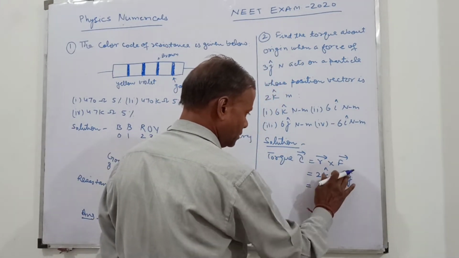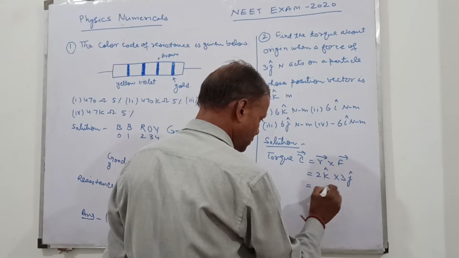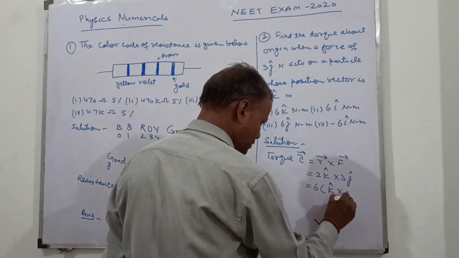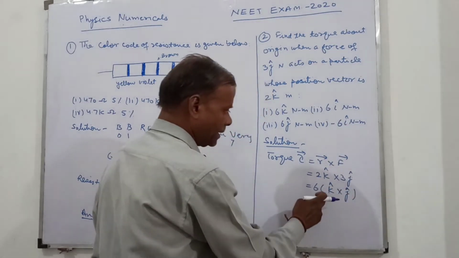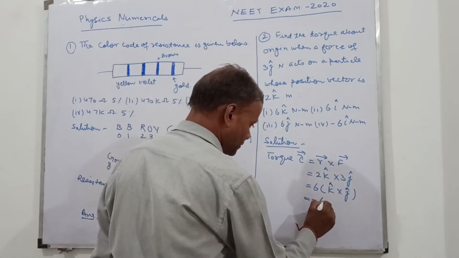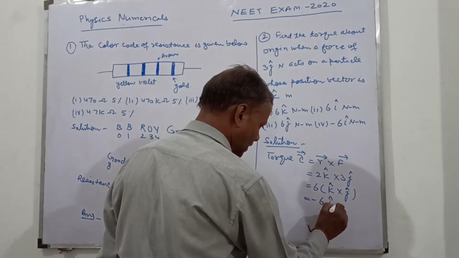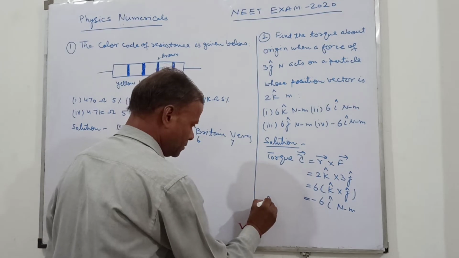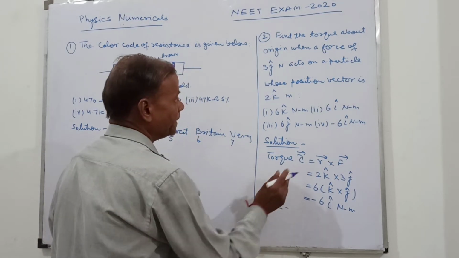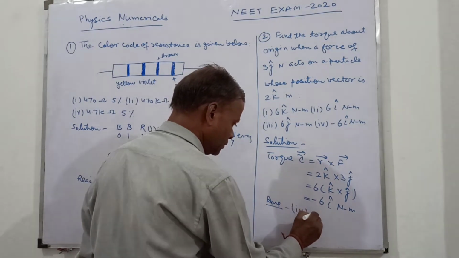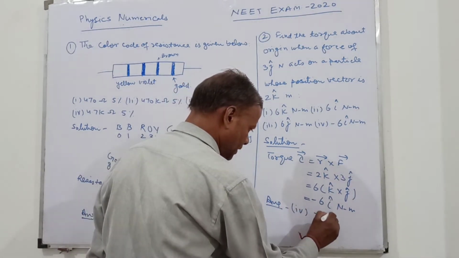So this is 6 K cross J. K cross J is equal to minus I. So this is minus 6I Newton meter. So your answer is the fourth one, minus 6I Newton meter.